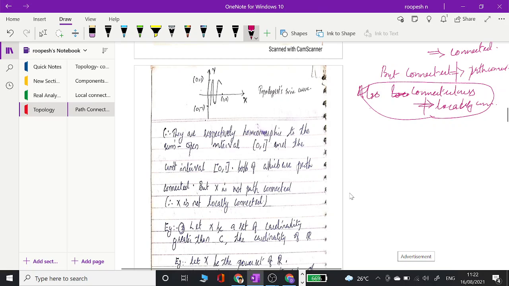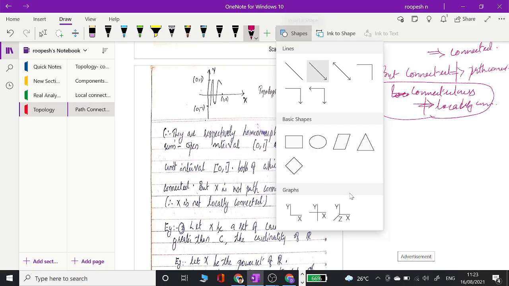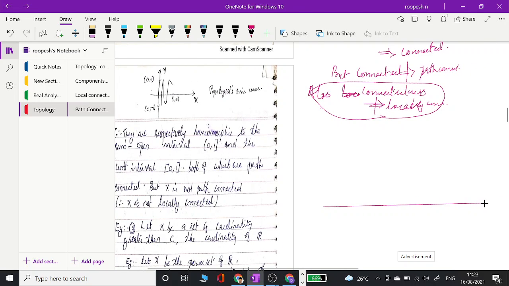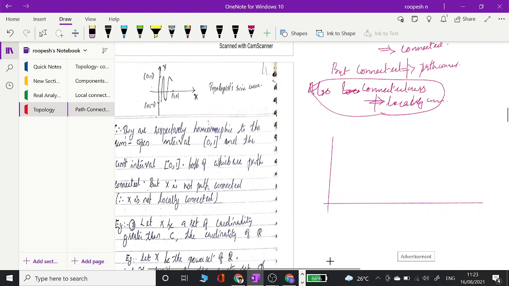What does the topologist's sine curve mean? We have your x-axis, and again your y-axis.